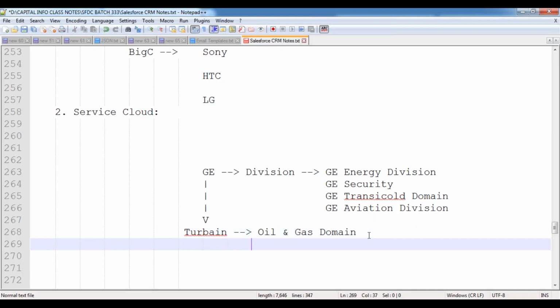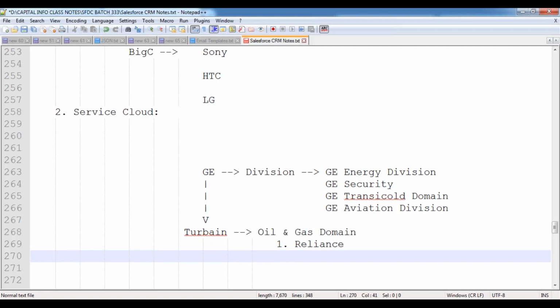For example, who are the people available? Reliance. Reliance's major business is oil and gas. The remaining are all small subsidiaries: Reliance Fresh, Reliance Digital, Reliance Trends. These are small divisions, but the major business is oil and gas.